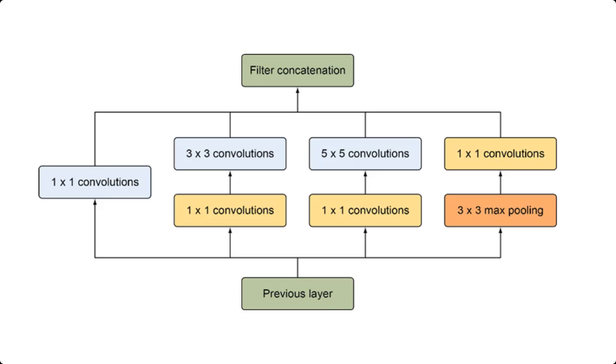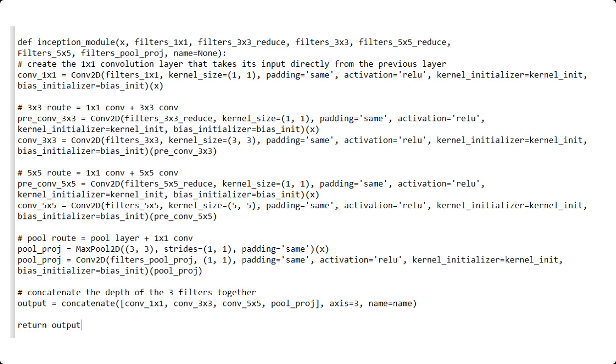The first route is a 1x1 convolution, and the second route is a 1x1 convolution plus a 3x3 convolution. The third route is a 1x1 convolution plus a 5x5 convolution. Then the fourth one is the 3x3 pooling layer plus a 1x1 convolution. Now let's build the inception module function. The function takes the number of filters of each convolution layer as an argument and returns the concatenated output.